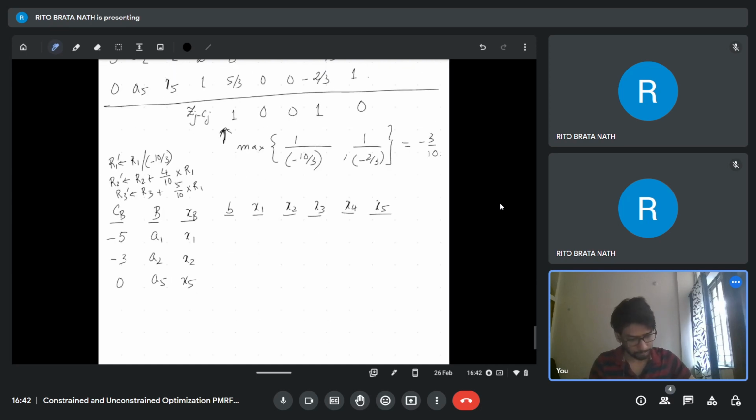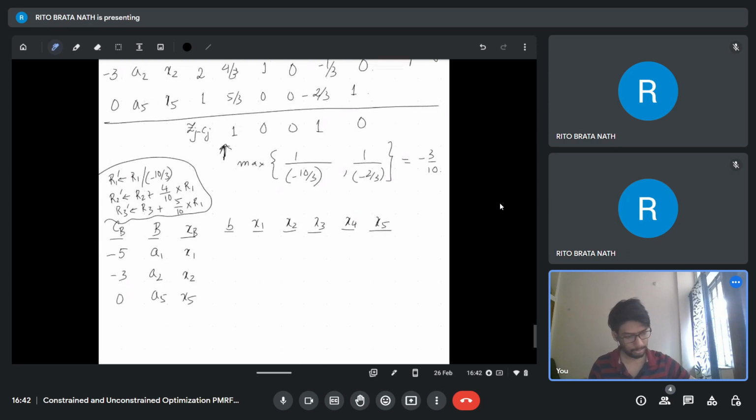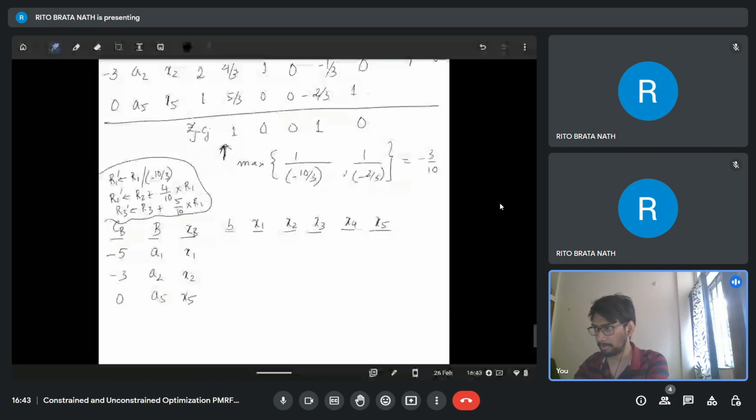Okay. Yeah. So let's quickly do that again and write down the values. Okay, so I'm doing it in Excel that I will share with you. Okay, so now it's minus 5, A2, sorry, it's A1. The previous step it was A2. So this is X1, X2, X5. Now, what you have to do, the first row, you have to divide it by minus 10 by 3.